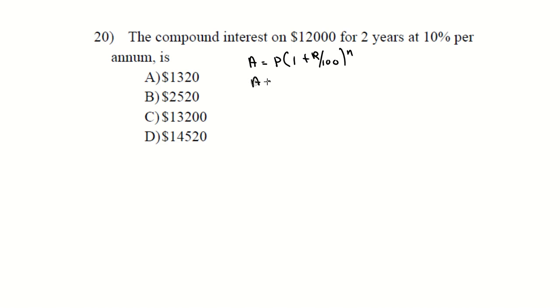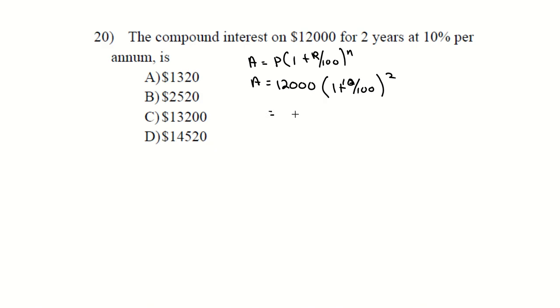So your amount after compound interest would be 12,000 by 1 plus, sorry, 10 over 100, all to the power of n, where n is the number of years.